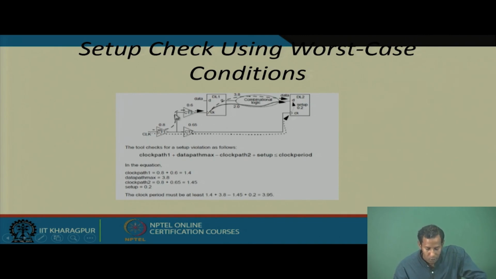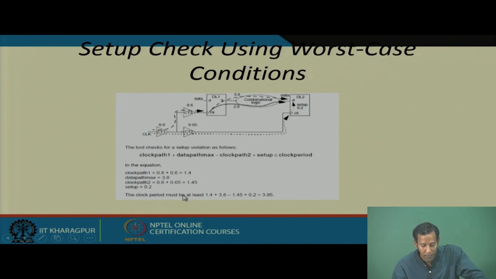In this particular circuit, clock path 1 is 0.8 plus 0.6, which is the summation of CT1, CT2, CT3. Then the data path max, which is this path, is 3.8. Then clock path 2 is 0.8 plus 0.65, so 1.45, and the setup requirement for the flip flops is 0.2.